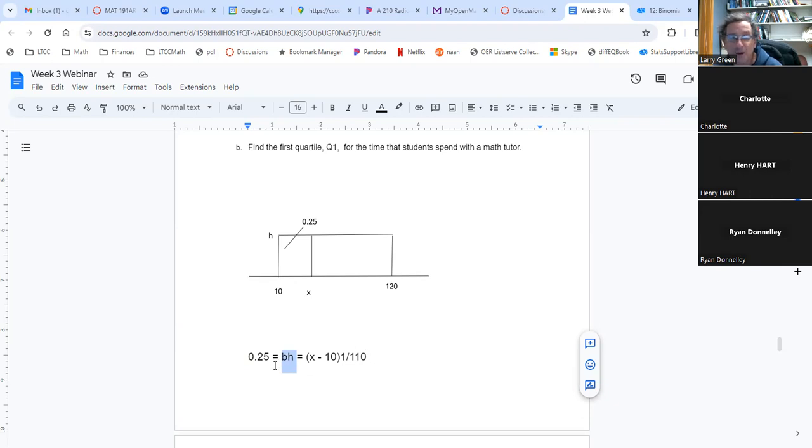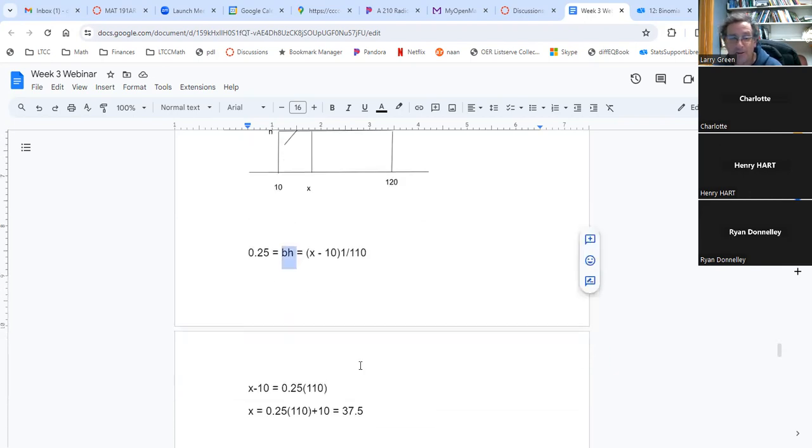Yeah, we multiply both sides by 110. When you do that, the x minus 10 comes by itself because the 1 over 110 goes away. And we could say x minus 10 is equal to 0.25 times 110. I wrote it in the other order because it'll be nicer to have x on the left. Okay, then how do you undo the minus 10?